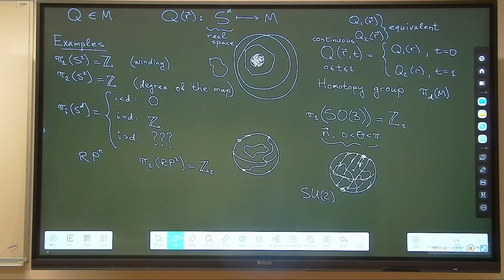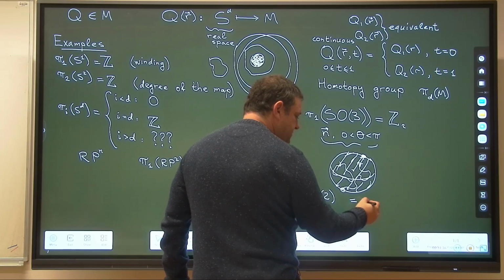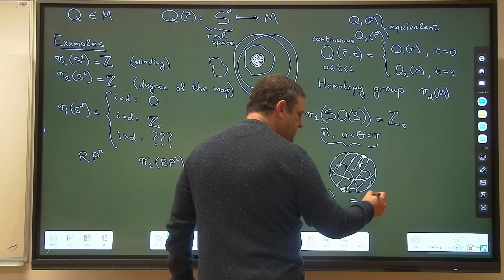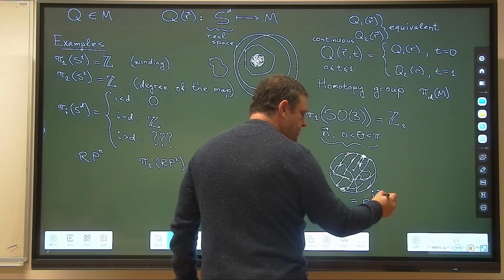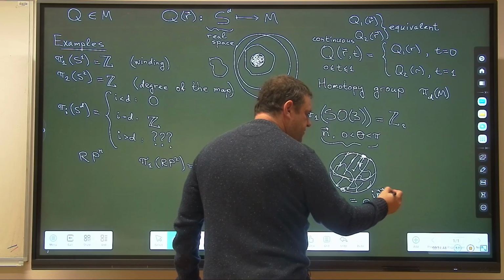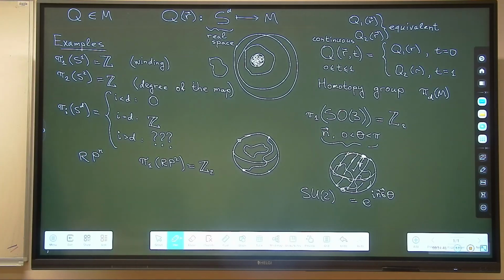How can we visualize an SU2 matrix? It's very easy. Any SU2 matrix can be written as exponent of i n sigma theta. It's an exponent of an anti-Hermitian matrix, and an anti-Hermitian matrix is i times a Hermitian matrix, and a Hermitian matrix can be expanded in Pauli matrices.